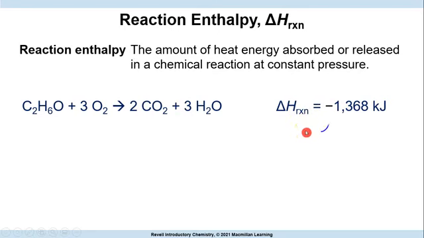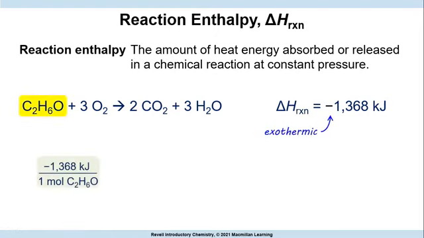So we can use this equation to show the conversion factors from the balanced equation. If we have to show the conversion factor for the ethanol, we will see that minus 1368 kilojoules, we used 1 mole of ethanol.